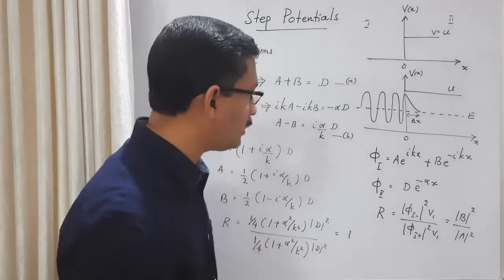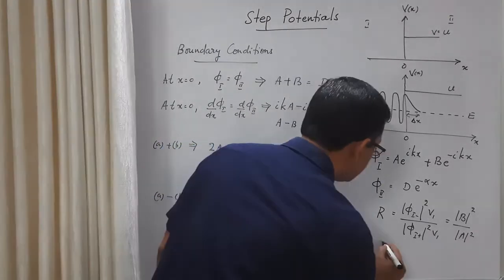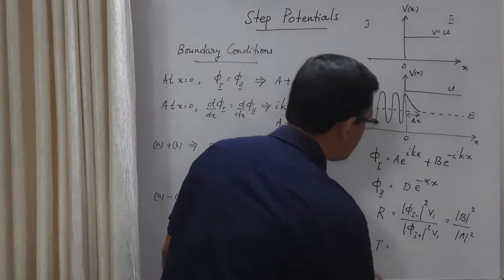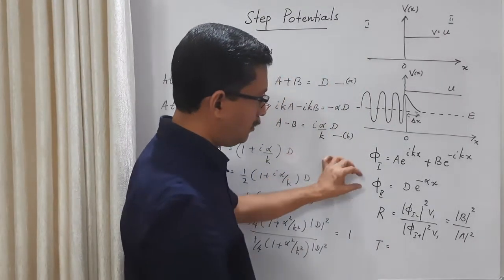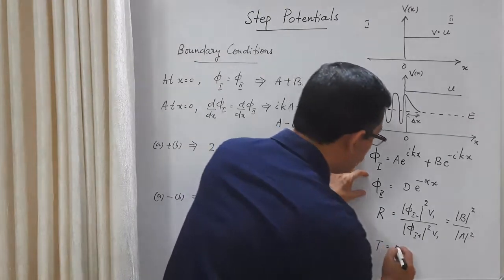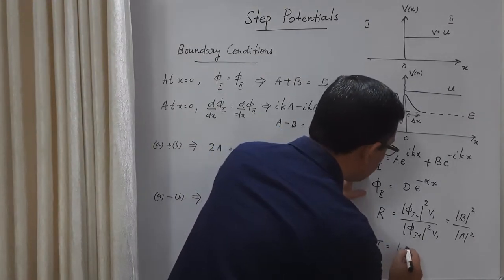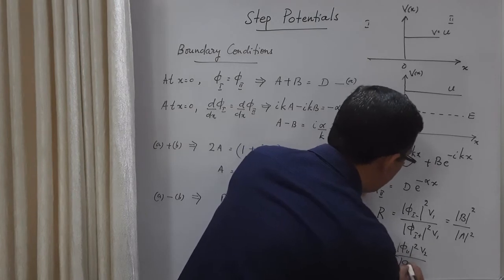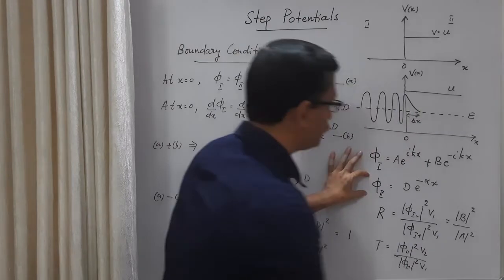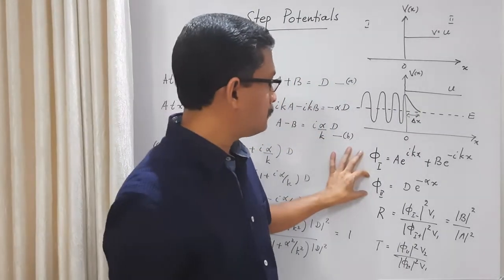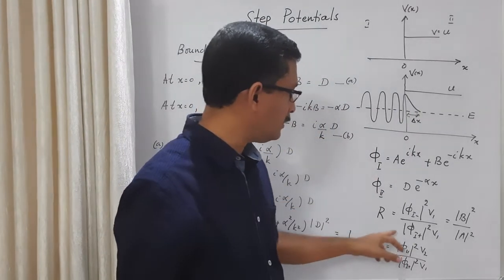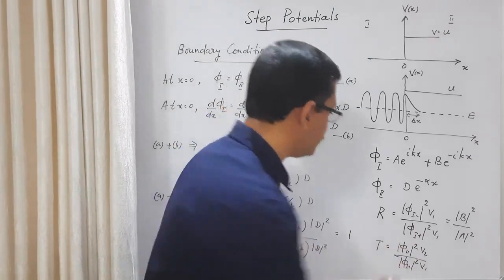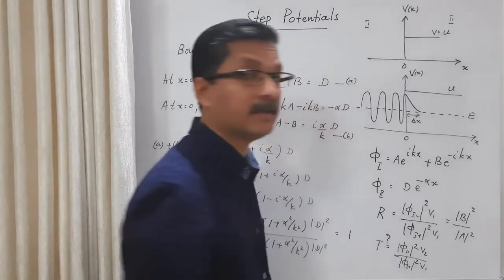Another reason we cannot talk about a transmission probability is, how do you define transmission probability? We would have to define it as phi 2 square v2 divided by phi 1 plus square v1, right? But the question is, can we define something like this?